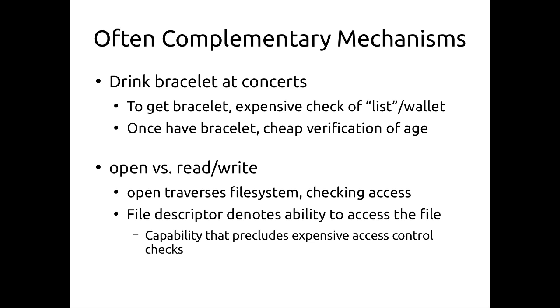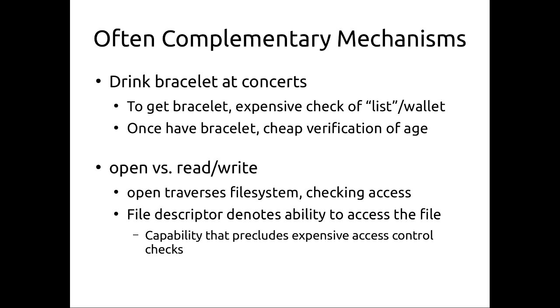A not perfect example that I'd like to use here is a drink bracelet at concerts. When you go into a bar or a concert, often they will check your ID at the door one time. I'm saying that this is kind of like an access control list type check because you're having to iterate through your wallet, right? To find out, do you actually have an ID that denotes your age at the proper level?